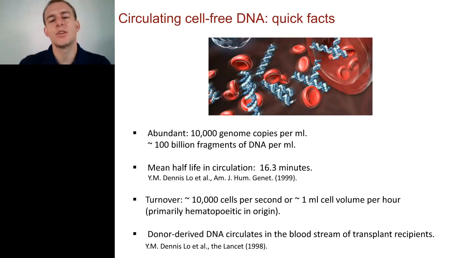And he made that observation based on sex-mismatched patients, in particular female recipients of a male graft, where he showed that there's actually chromosome Y-derived DNA floating around in blood. And already in his seminal paper, he proposed that you could use donor DNA as a marker of rejection.